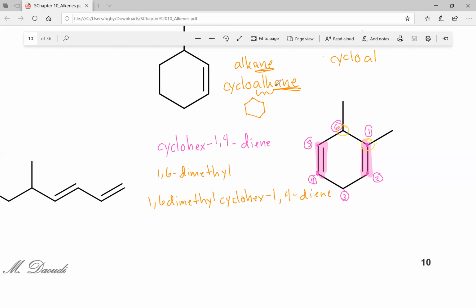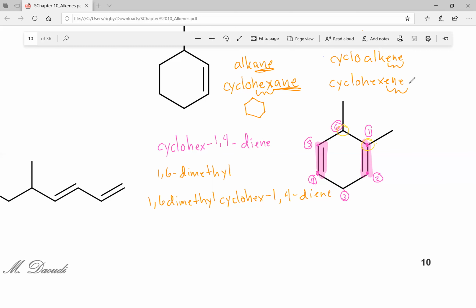That alk could be hex, it could be meth, it could be whatever. So if I said it was hex, then it'd be cyclohexane, whereas a cycloalkene ends with ene. So it'd be cyclohexene. Okay? So that's why we don't put hexa, instead we just put ene.